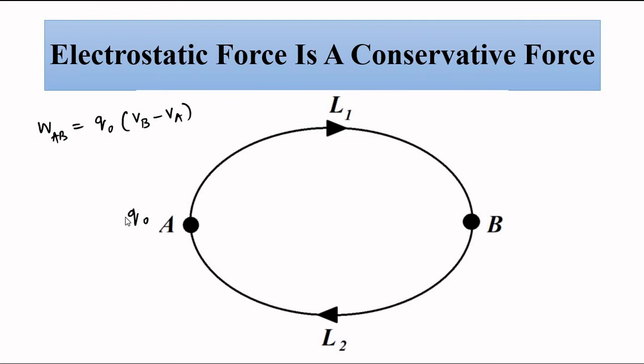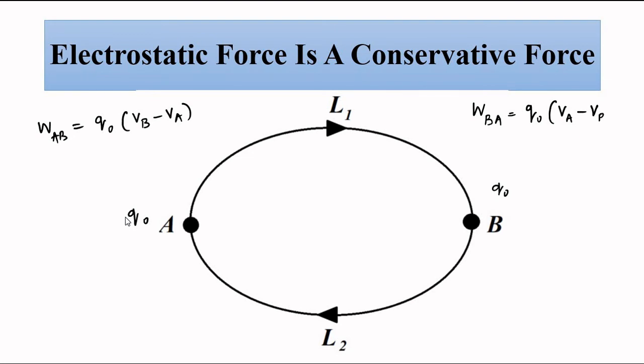Now the test charge has reached here. Now again we have to move this test charge from B to A. So in that case, work done in moving the test charge from B to A will again be the test charge value times the final point minus initial point, that is VA minus VB.